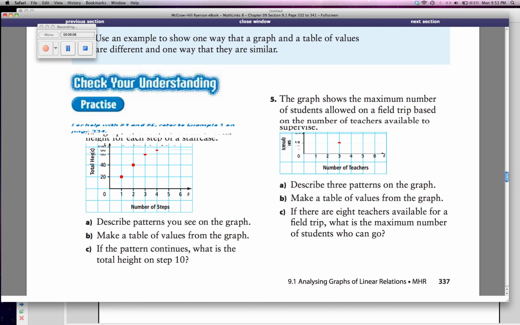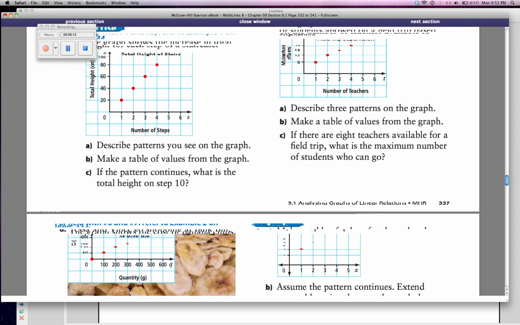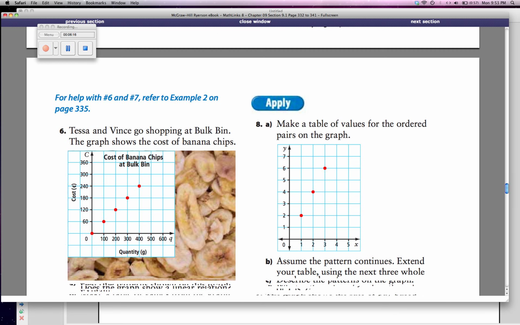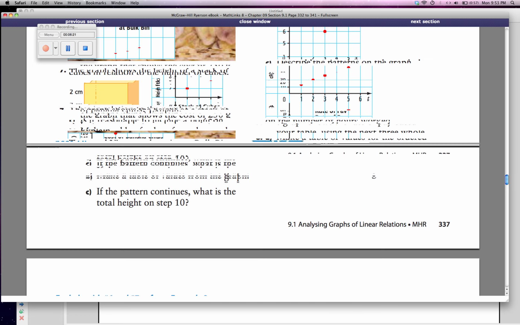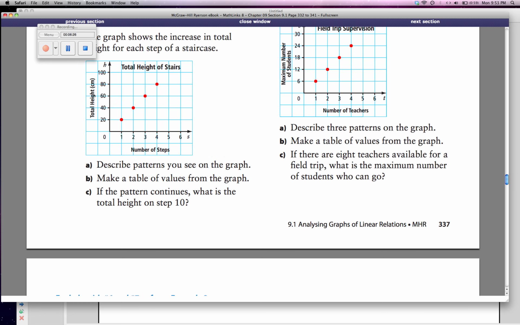So you actually have to come up with that on your own. And then remember how this works. For help with 4 and 5, refer to example 1 on page 334. A lot of this will be descriptive, simple, short sentences. You have to make a table of values here. Do as much as you can today, please.